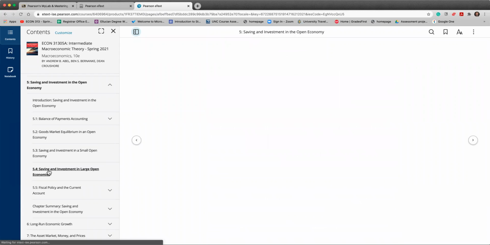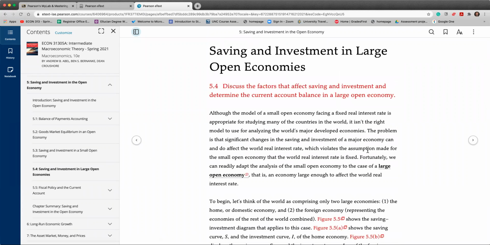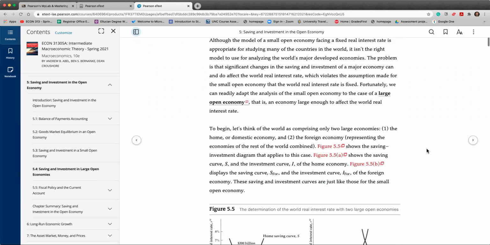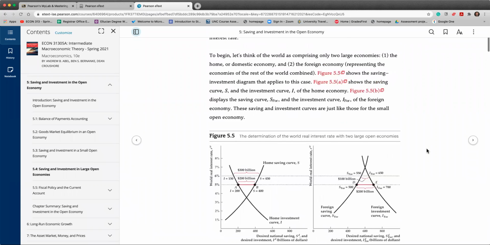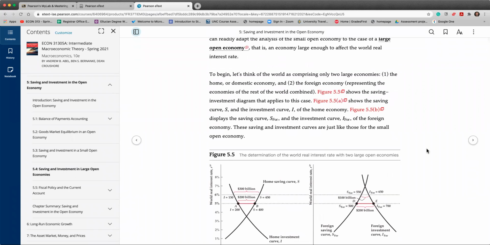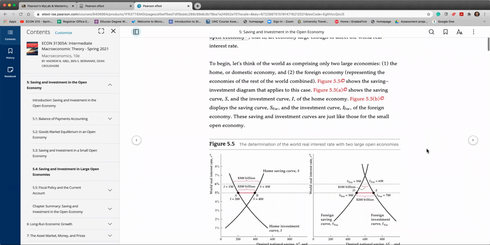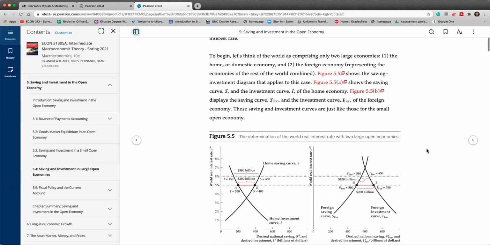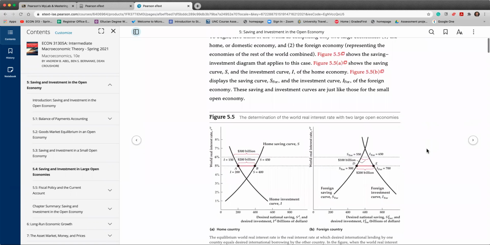So in a large open economy, that's the one where you really need to spend time understanding the diagrams and how they fit together. And what does equilibrium mean, excuse me, in a large open economy? So this figure 5.5 is one that you really need to have a good understanding of, and why it represents equilibrium.